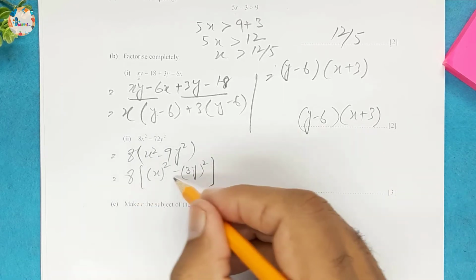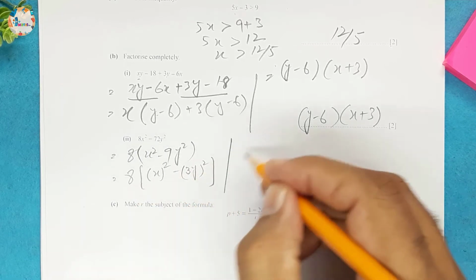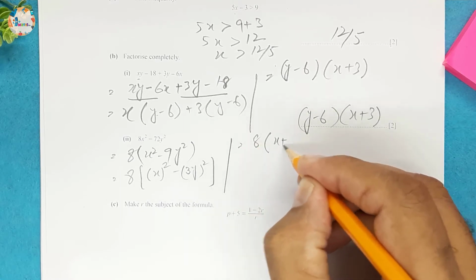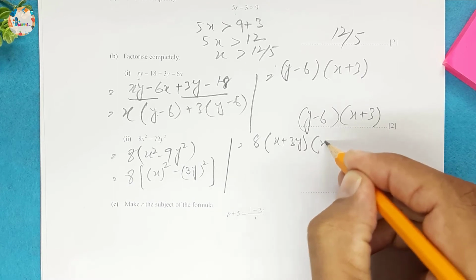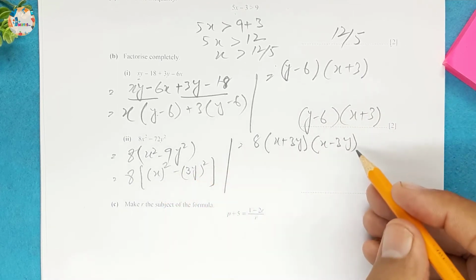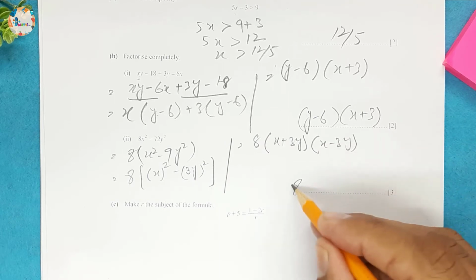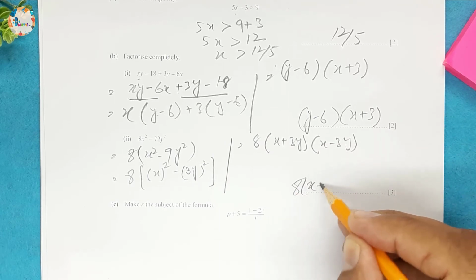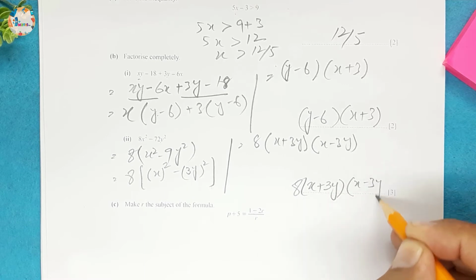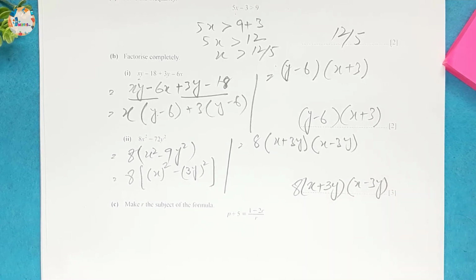And now we can apply the formula a squared minus b squared, which is equal to a plus b into a minus b. So 8 into x plus 3y into x minus 3y. This will be the final answer.